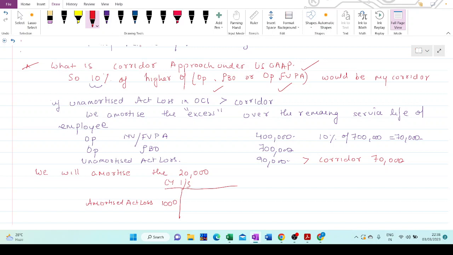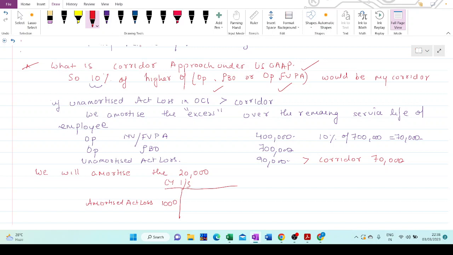So if my actuarial losses exceed the corridor, my actuarial losses are very big, I need to amortize them. We amortize the excess over the average remaining service life of the employees. Here my actuarial losses exceeded the corridor by 20,000, so we amortize this 20,000 over 20 years. 20,000 by 20 is 1,000.